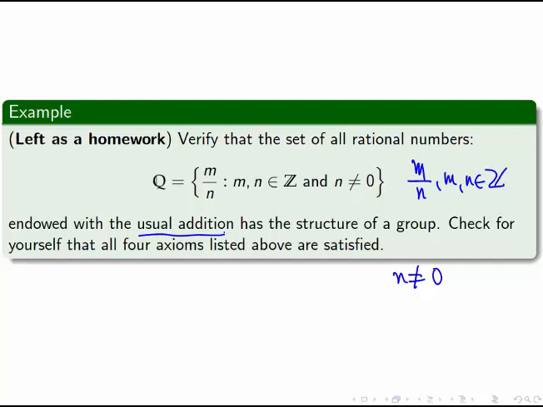So all you have to do here is prove closure, prove that the operation is associative, prove that every element has an inverse, which here will be the opposite, and show that 0 is the identity element in this set. Okay, so I'll leave you with this homework.